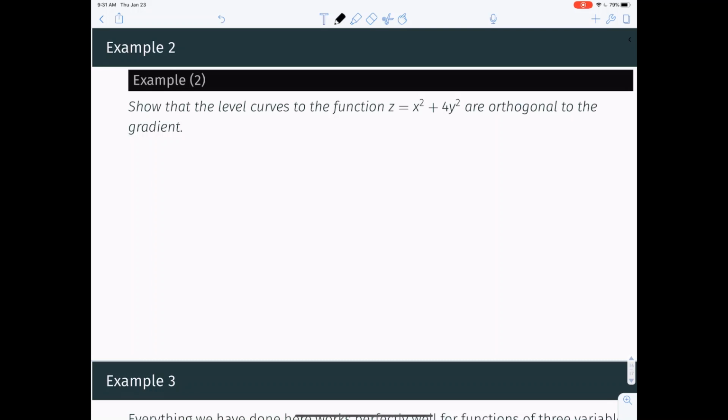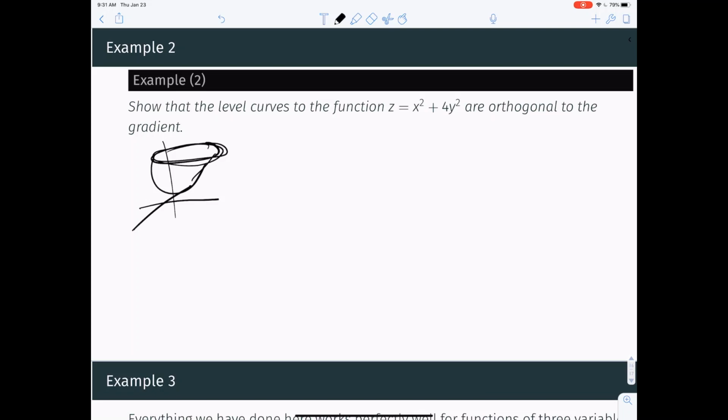All right, here's another example. This question says, show that the level curves to the function z equals x squared plus 4y squared are orthogonal to the gradient. So that was one of those properties we talked about. If you have some function here, this is going to be kind of a bowl-shaped function, and it'll be an elliptical bowl if you slice it.